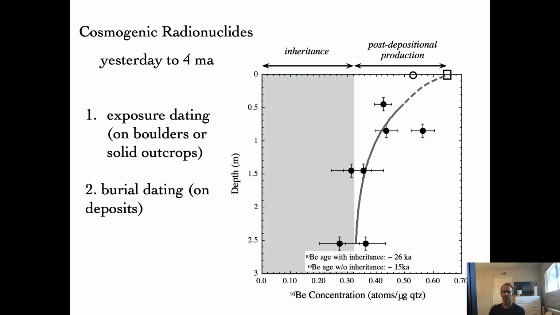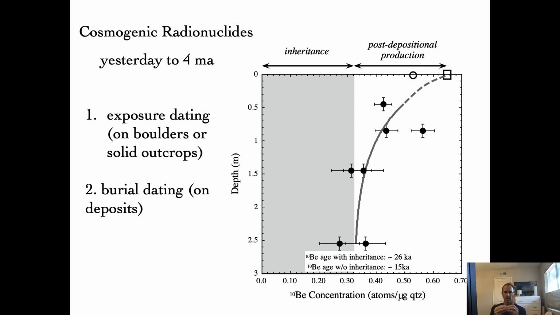The third is what's called cosmogenic radionuclides. And what this is, is that when a deposit, a boulder, a piece of sand or whatever is exposed at the surface, it's also exposed to incoming radiation from outer space, from outside of the Earth's atmosphere. And that builds up over time.